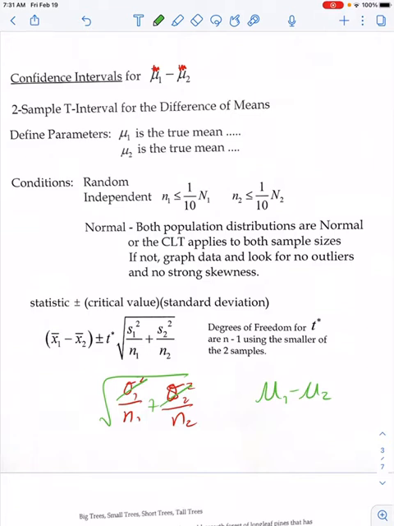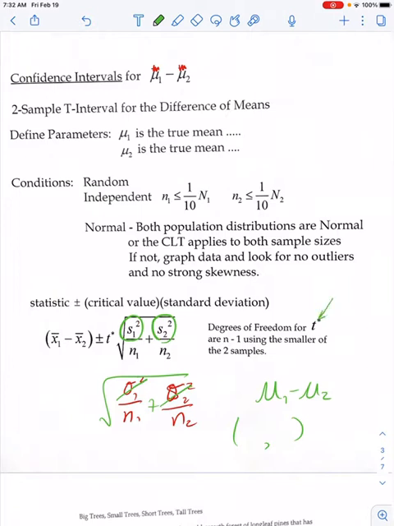And when you find that confidence interval, you're going to say we're 95% confident that the difference between mu sub 1 and mu sub 2 falls within this interval. That's because you don't know what mu sub 1 and mu sub 2 are. And if you don't know who that is, then that also means you don't know who sigma is. So if you don't have the population standard deviation, then you have to use the sample standard deviation. And that's why those are S's instead of sigmas. Okay, so watch your notation.